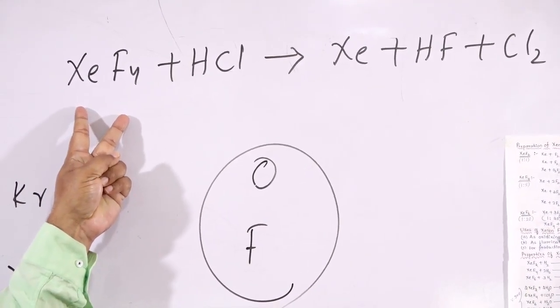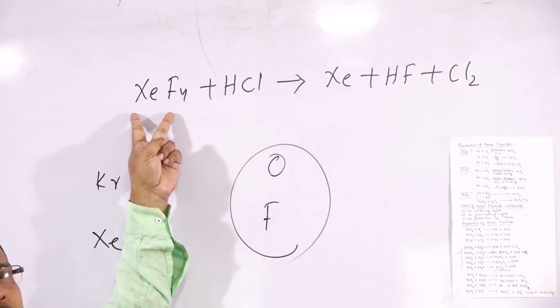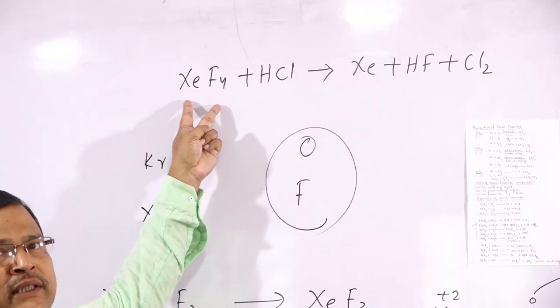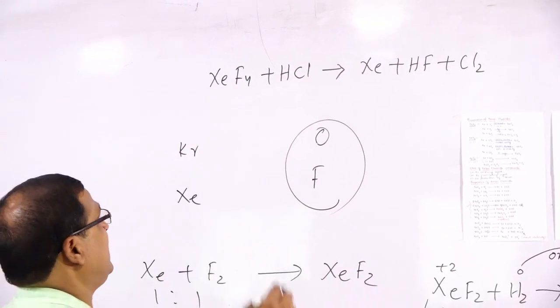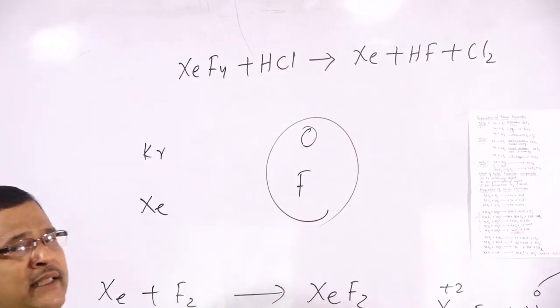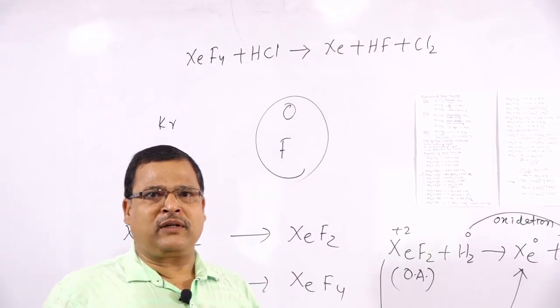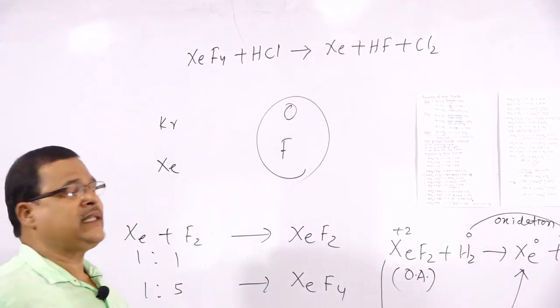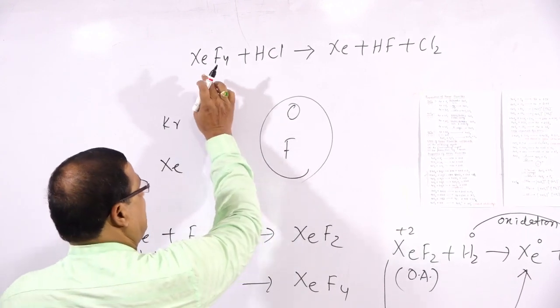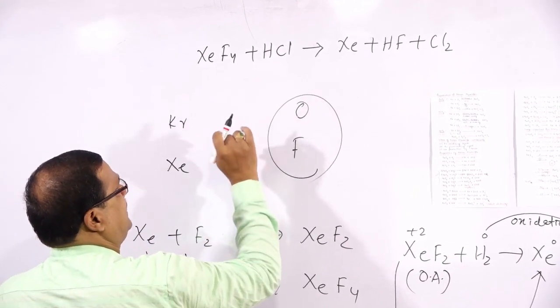In all these cases, the xenon fluoride compounds will act as oxidizing agents. For example, we can analyze on the basis of increasing and decreasing oxidation number which agent will act as the oxidizing agent and which will act as the reducing agent.